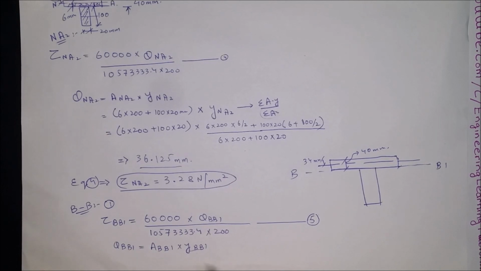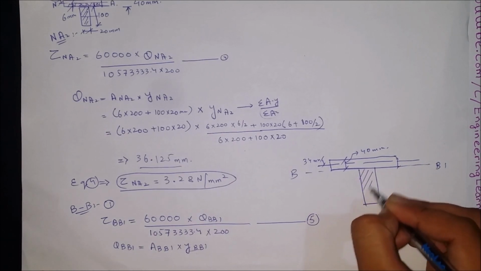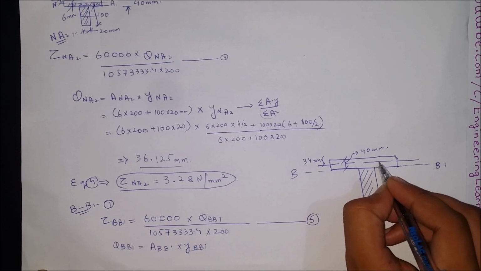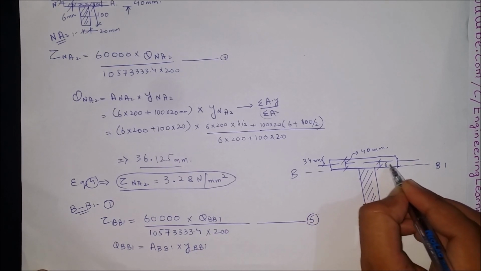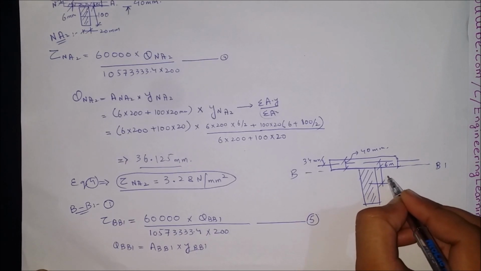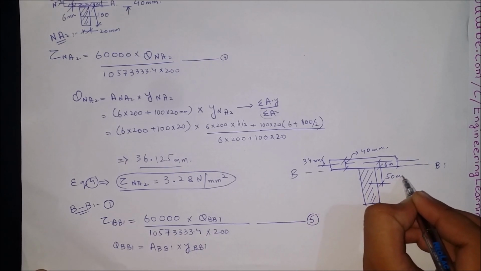For the distance y, since we are considering the shaded area, the distance will be from centroidal axis to the centroid of the area below, that is 50 millimeter.